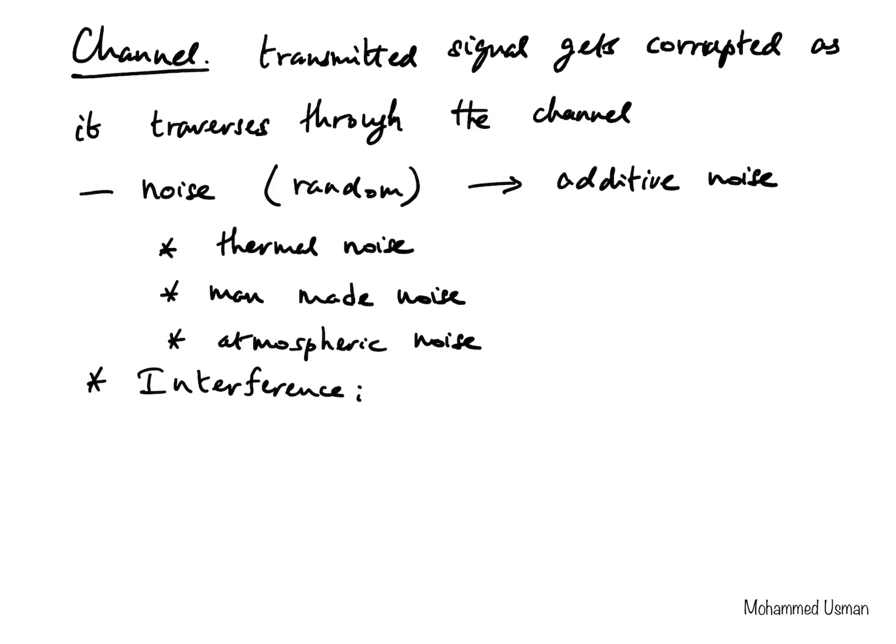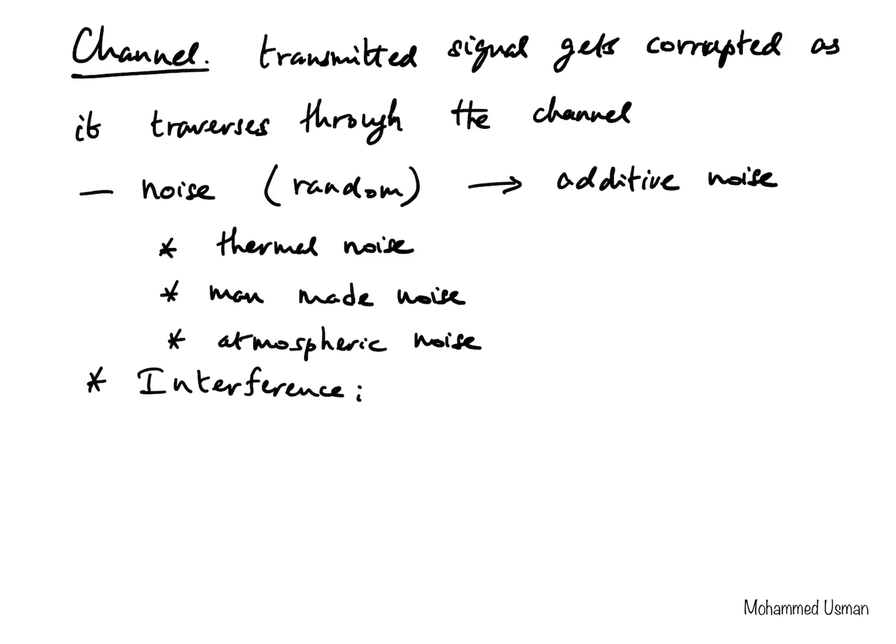For example, some other user would be trying to communicate and their signal would interfere with our signal. So basically, interference is the corruption of a signal of one user by the signal of other users. So the channel could be shared by multiple users, and the mixing up of the different user signals corrupting each other, that is called interference.